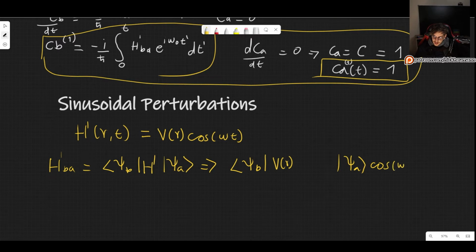We don't know exactly what this perturbation is, but we can write this thing as V of BA. And of course, H prime AB would be V of AB times cosine of omega t.